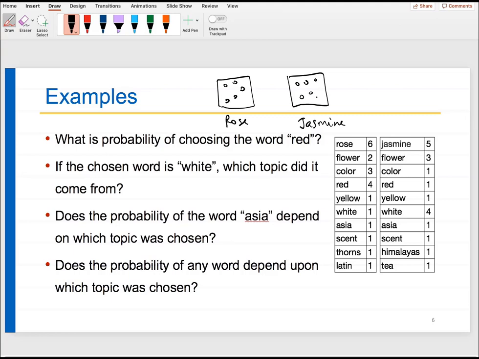Some words are repeated also. So if I choose a particular basket with some probability, let us say I choose the topic rose with the probability 0.7 and then I randomly pick any word, what is the probability that the word which comes out is red? Right? All these questions.